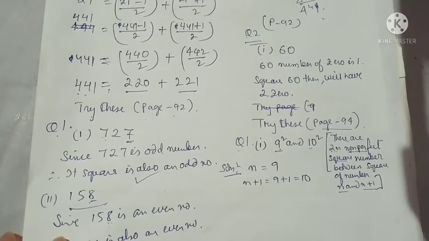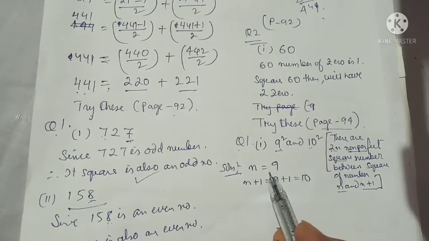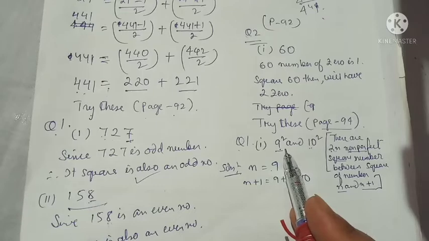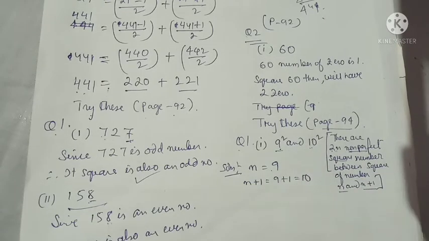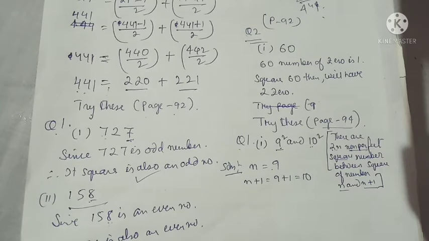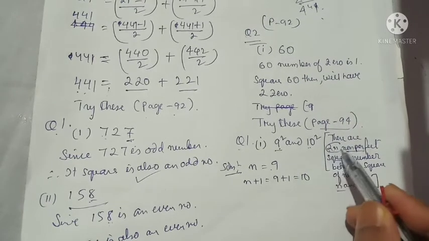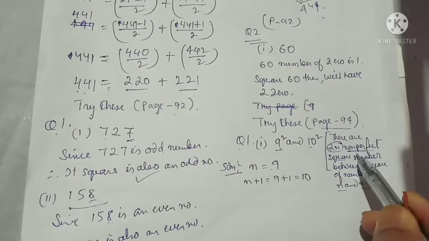Then we take the natural numbers between 9 square and 10 square. There are 2n non-perfect squares.